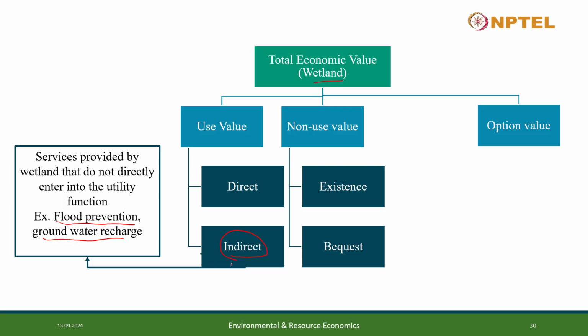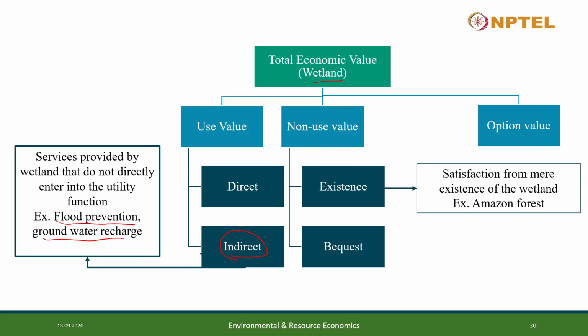Okay, now let's say, what is non-use value? Non-use value is where you do not directly use them. However, because of the mere existence of wetland, you have some satisfaction. So in such cases, it is called existence value, right?